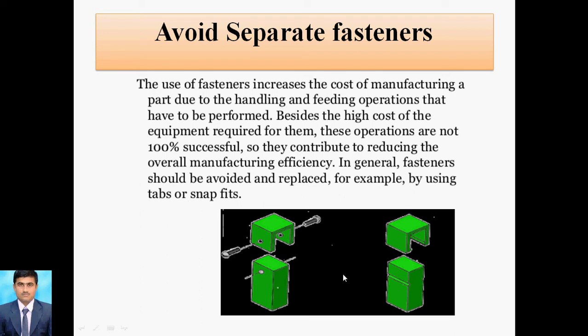This is the method to avoid fasteners. With such an assembly it is easier for the operator and the manufacturer to assemble, the cycle time is lesser, and it helps increase the profit.